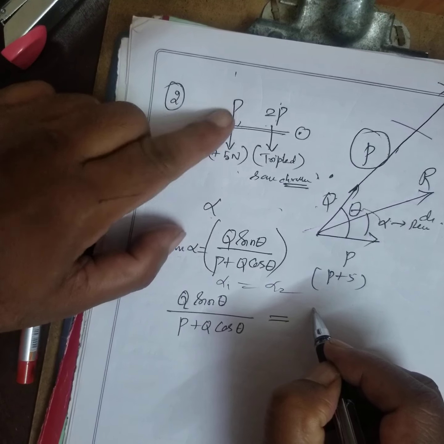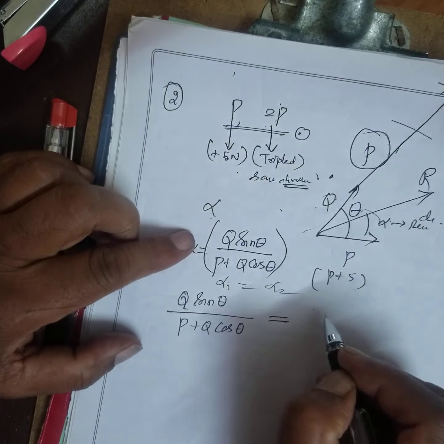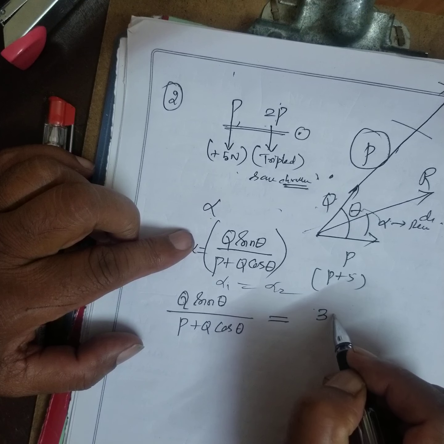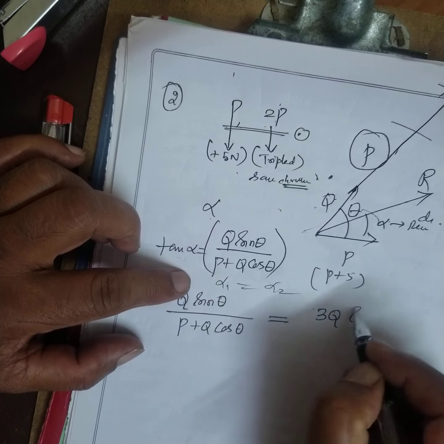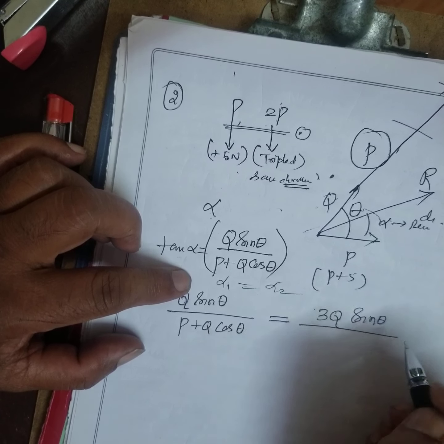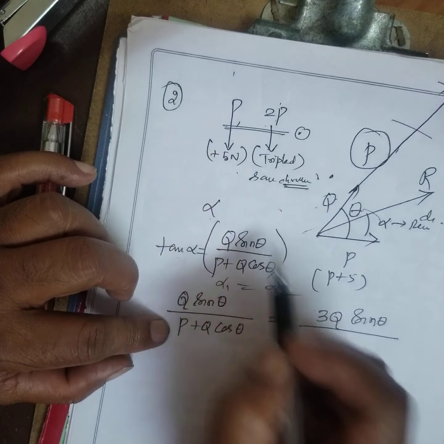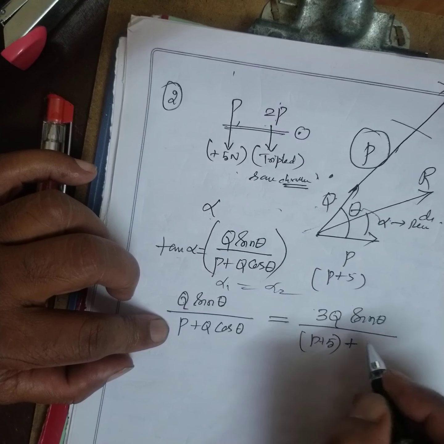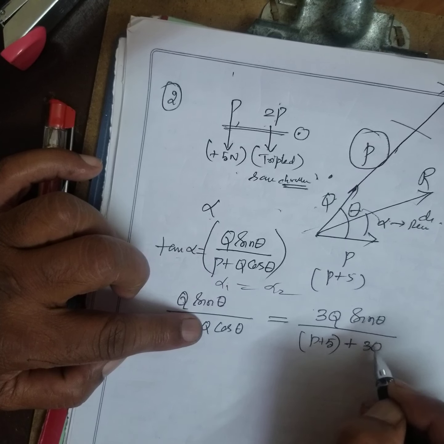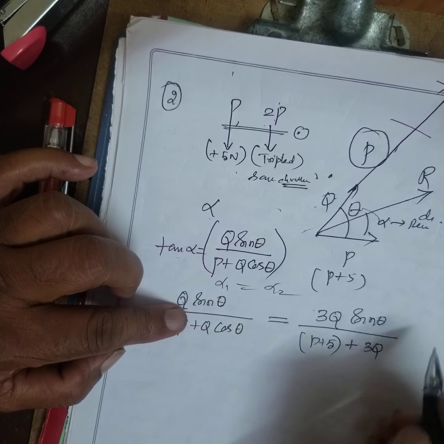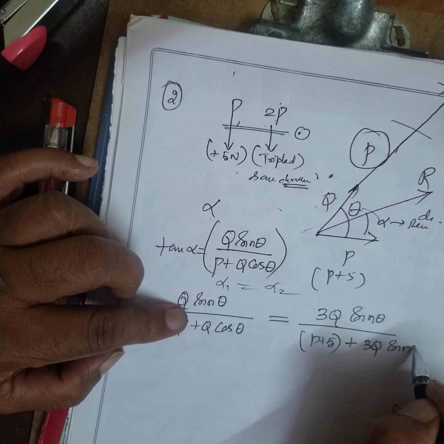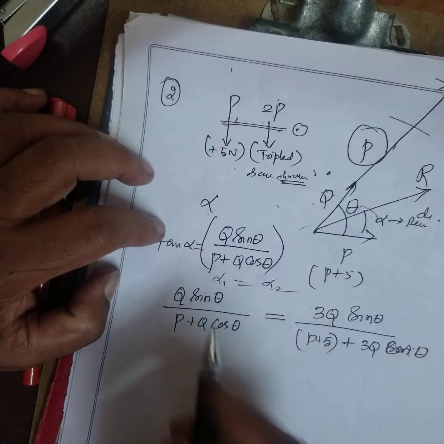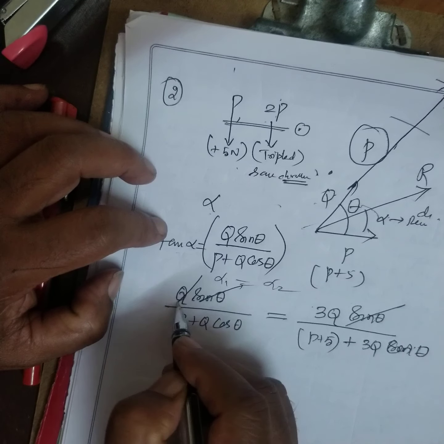Therefore, Q is tripled: 3 times Q sin theta divided by P plus 5, plus 3Q cos theta. The sin theta and Q get cancelled.